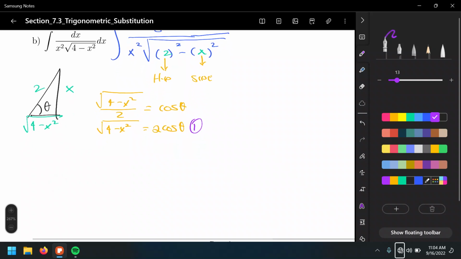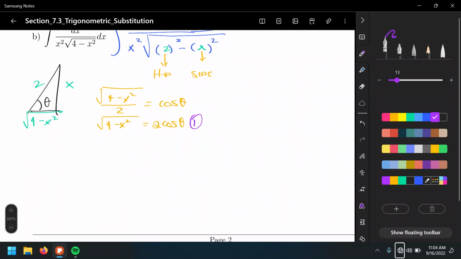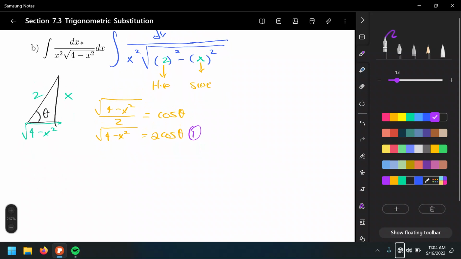We need 2 pieces of information in addition. We need something to replace the dx. Let's recall that dx comes from differentiating an x. So how do we relate this from the triangle? We have an x here, and we have 2 options. Number 1, x over the radical, which is really ugly, or x over 2, which is a lot simpler.